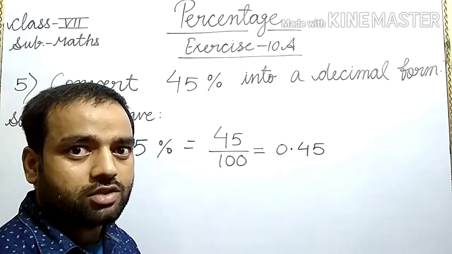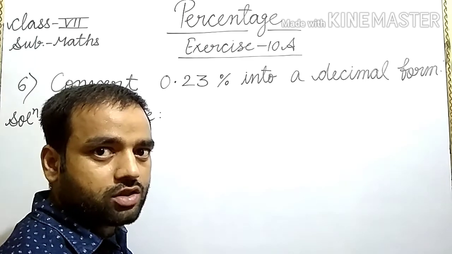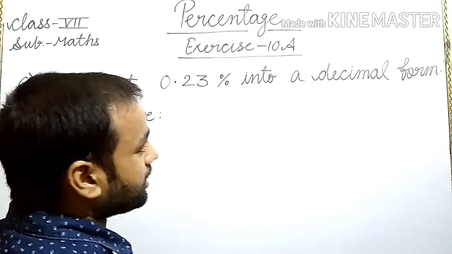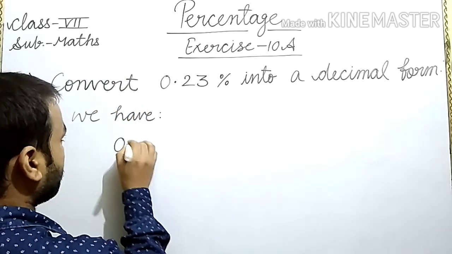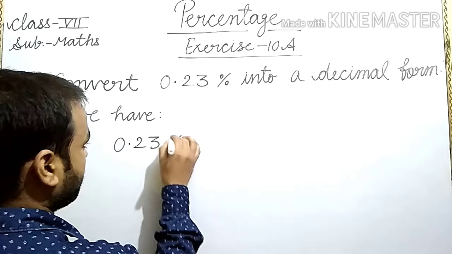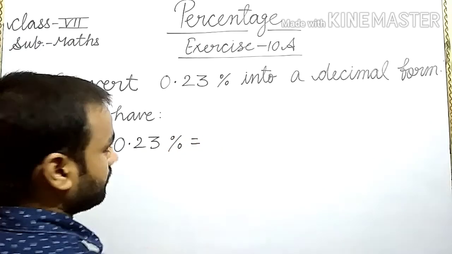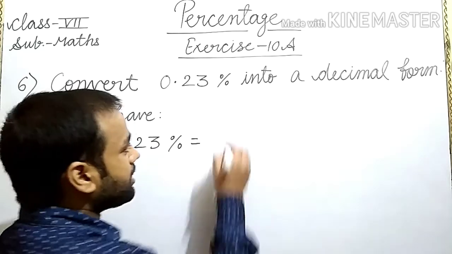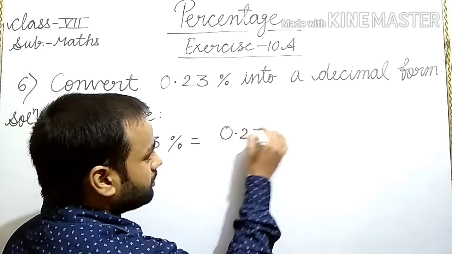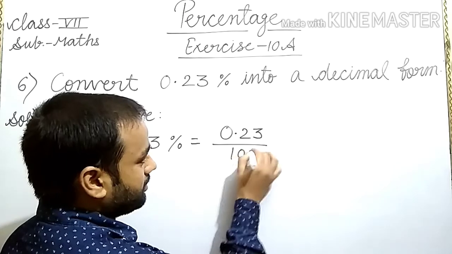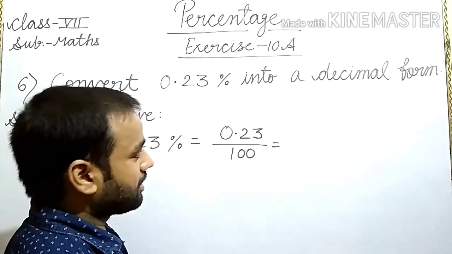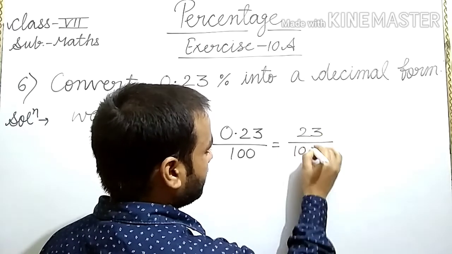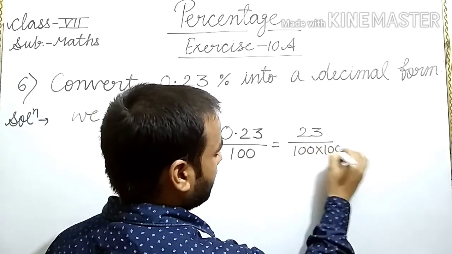Now let us discuss question number 6. In question number 6, convert 0.23% into decimal form. First rewrite 0.23%. Convert the percentage into a fraction: we divide by 100 and remove the sign of percentage. Completely write in fraction, 23 upon 100 into 100.